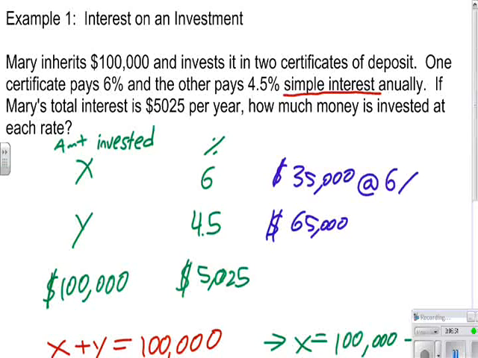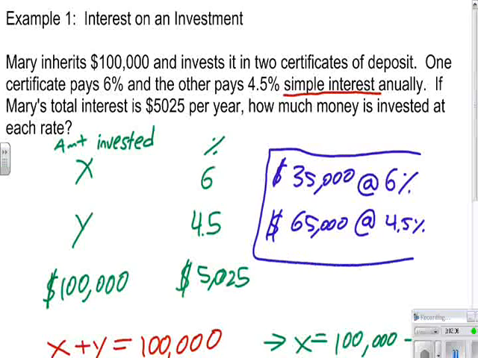We can say $35,000 at 6% and $65,000 at 4.5%. And box your answer.